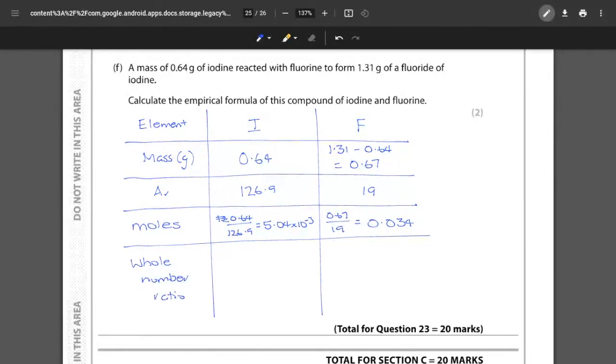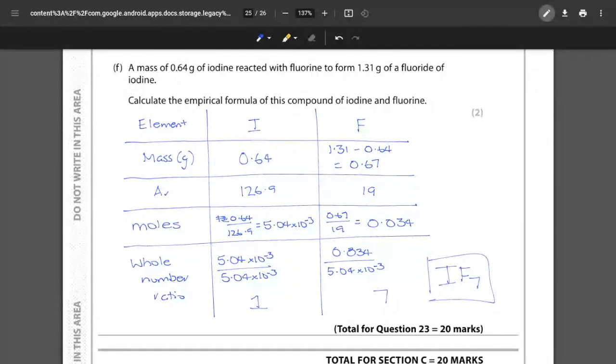So we're going to divide both of them by 5.04 times 10 to the minus 3, which of course is going to give me 1 for the iodine, and for the fluorine, it is going to give me a value of 7, or 6.99, but we round it up to 7. Therefore, our empirical formula is IF7.